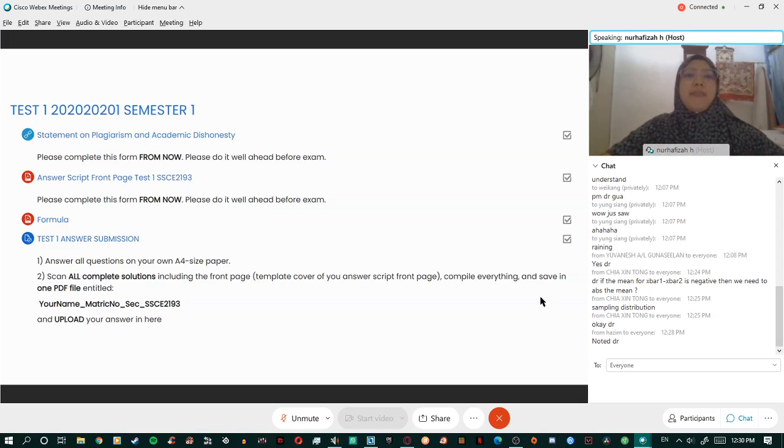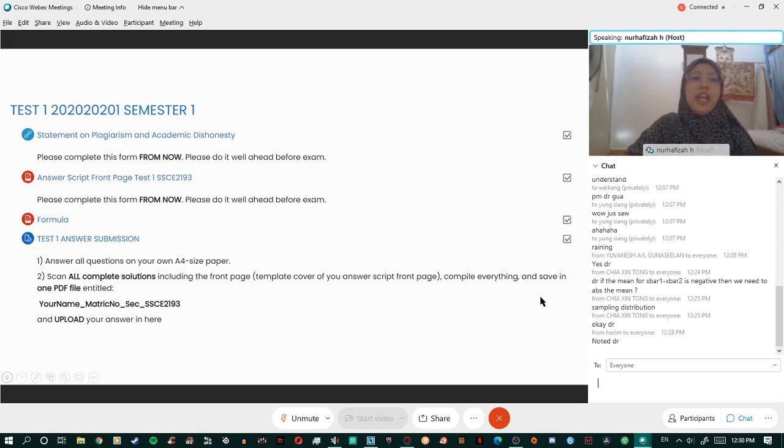Please do it well before the exam, and attach this answer script front page to your answers later. Make sure you have a scanner to scan your answers, and that your answers are in PDF format. We will give you an extra 15 minutes to scan your answers and submit them to the e-learning.